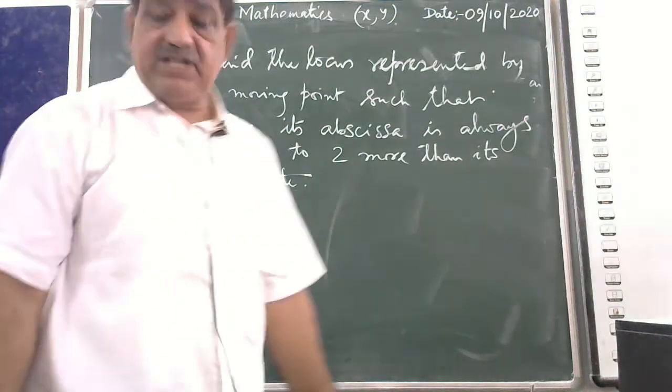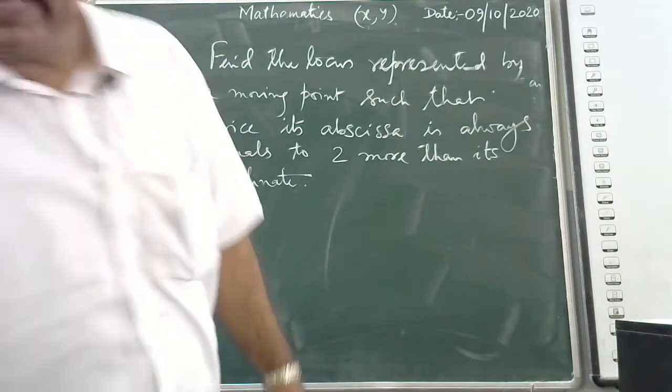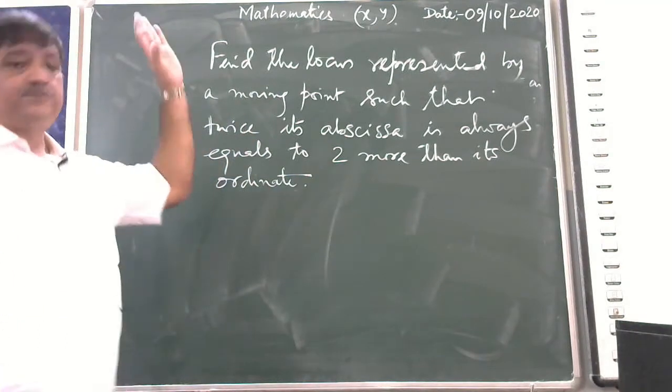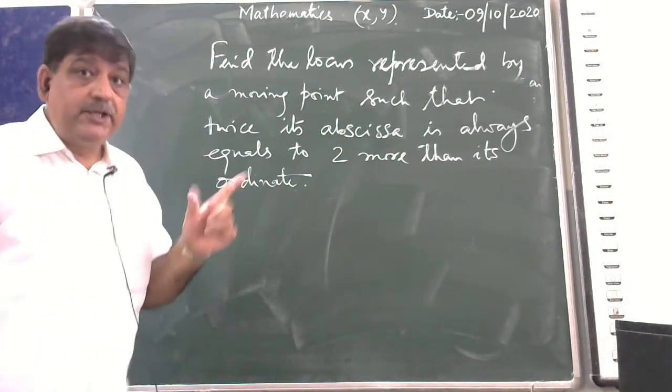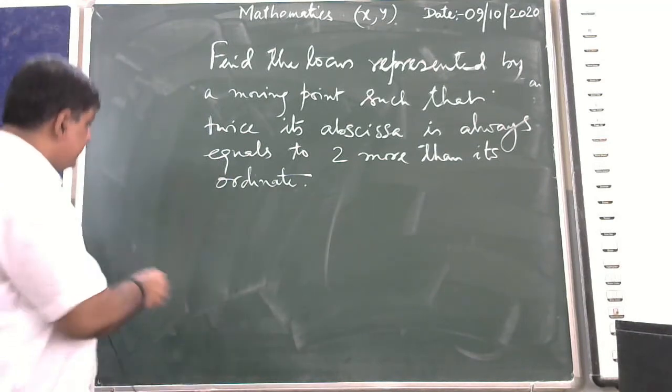Twice its abscissa is 2 more than its ordinate. Now boys, what to do? What I have told you, you have to write the first step.